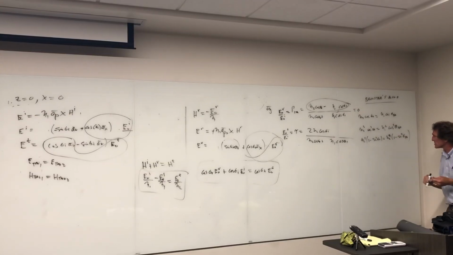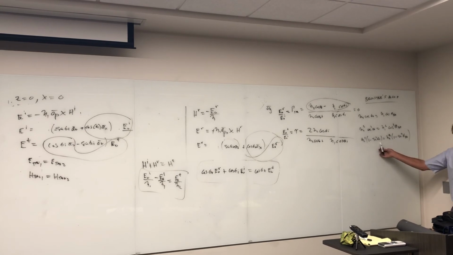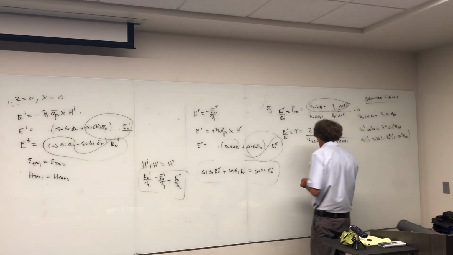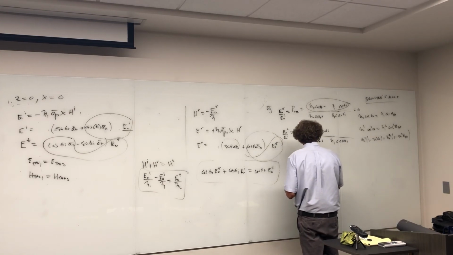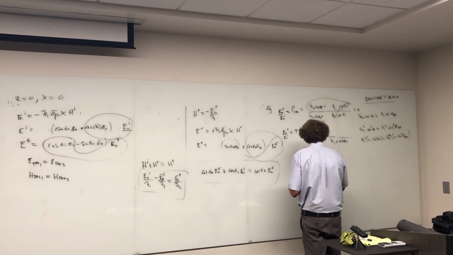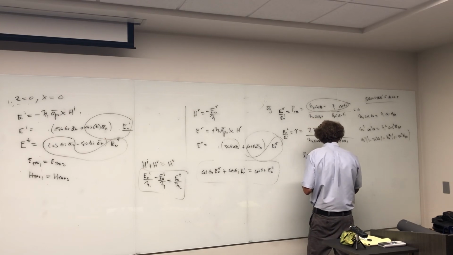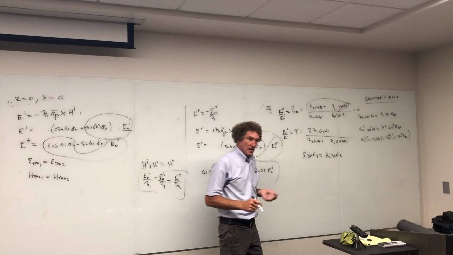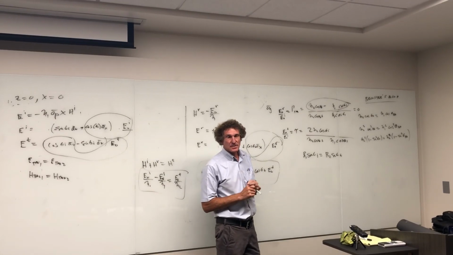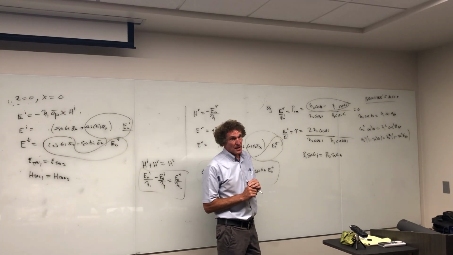Now those are etas and that's sloppy. But then I can replace the sine of theta t if I use Snell's law, because Snell's law says beta in region 1 times the sine of the incident angle is equal to beta in region 2 times the sine of the transmitted angle. I know I'm flying on this one, guys. I'm just trying to get through this. Y'all agree with that?